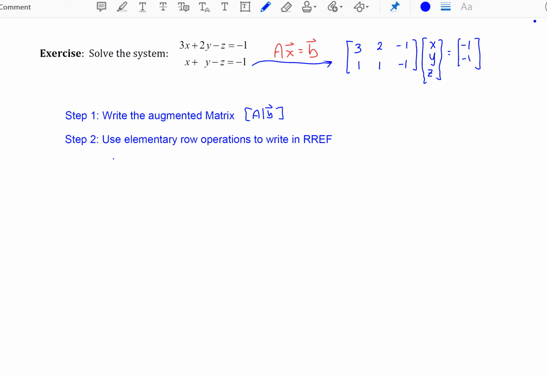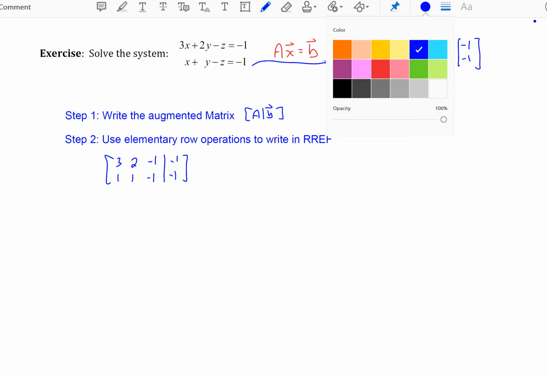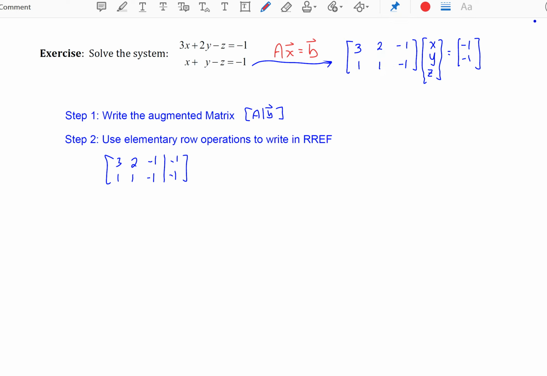So let's get started. Let's start with our augmented matrix. To create our augmented matrix, we'll write our coefficient matrix. And again, I like writing a vertical line to separate the coefficient matrix from the right-hand side. But recall, this is a stylistic choice. Now recall, to get our matrix in RREF, we're looking for ones in these diagonal positions.